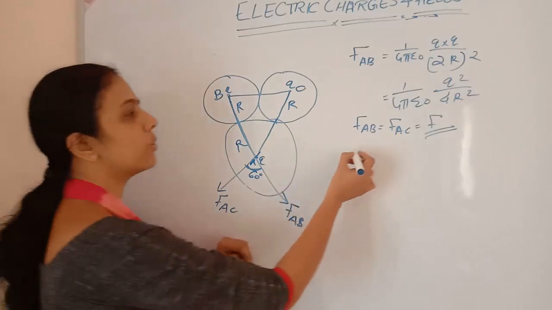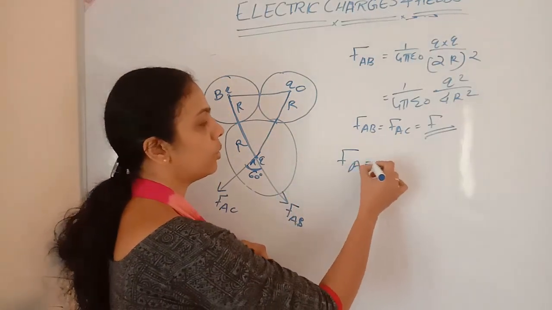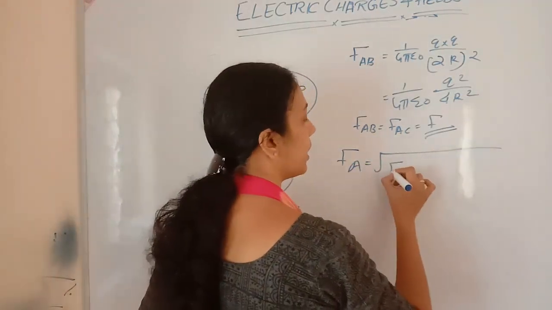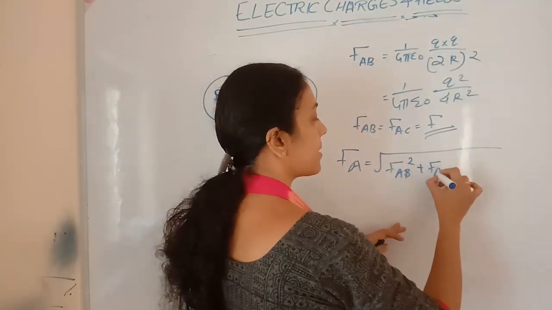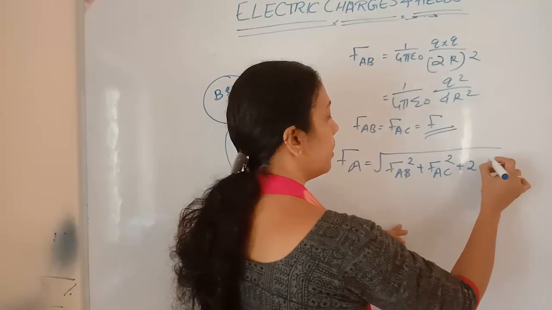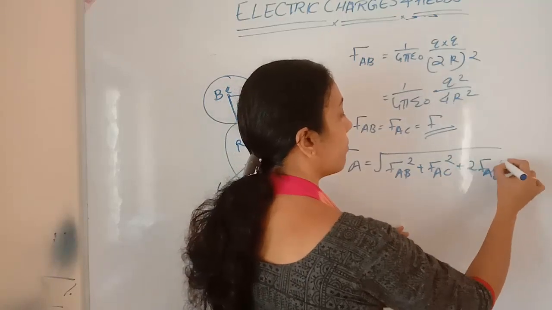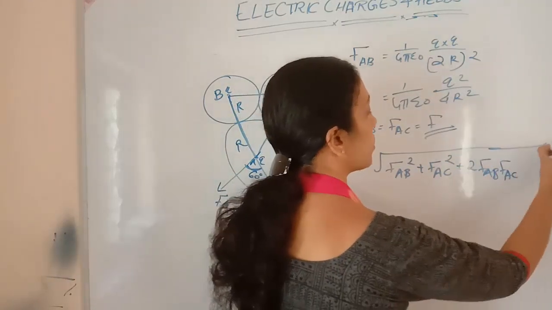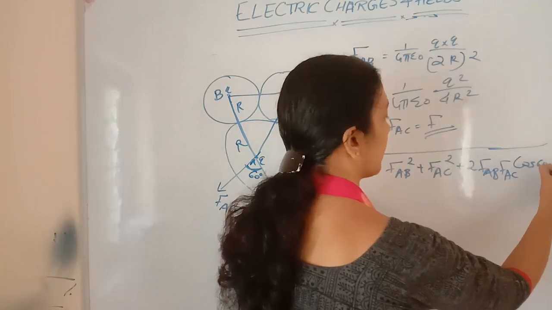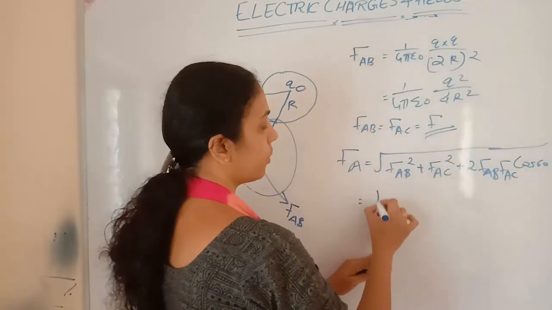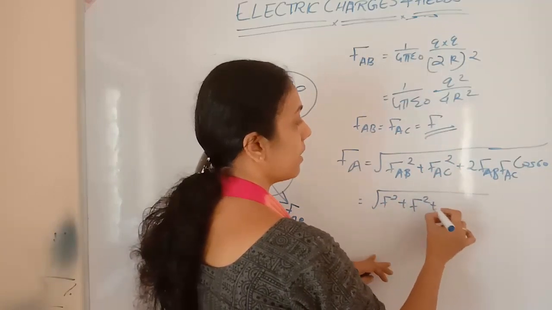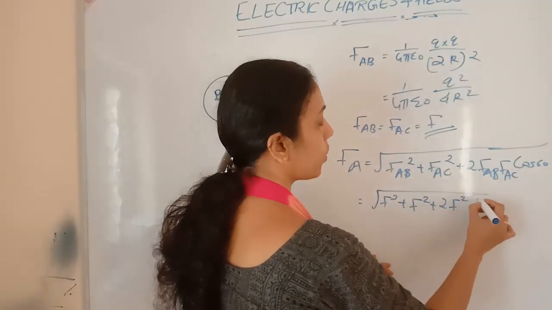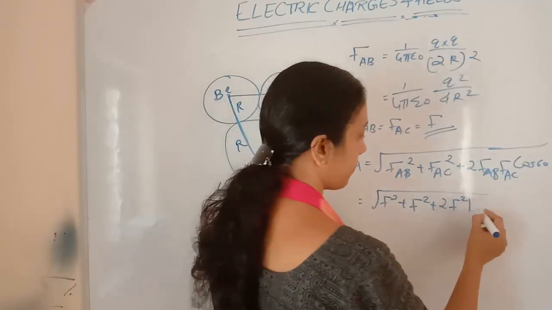So the force acting on A will be equal to root of F_AB square plus F_AC square plus 2 F_AB F_AC cos 60. So root of F square plus 2F square cos 60, and cos 60 is 1 by 2.